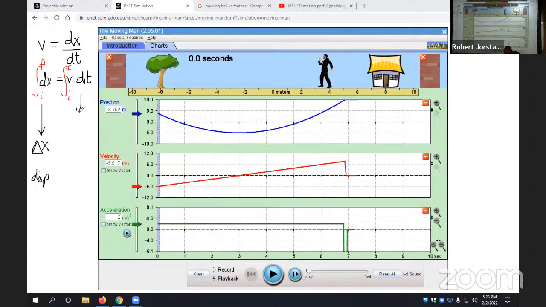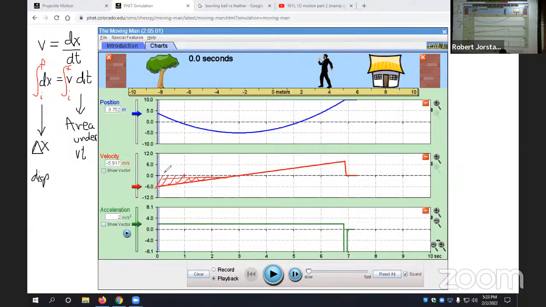And what do you think this is? The integral of v dt is the area under which plot? Which one? Velocity. VT. All right, let's do it. Get me this area all the way out to 3 seconds.